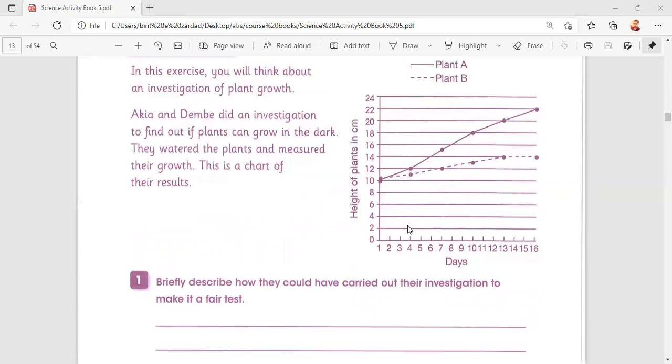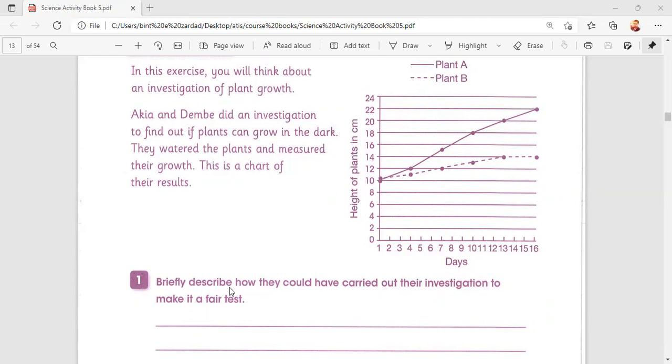On the horizontal line you can see the days, and on the vertical line you can see the height of the plants in centimeters. There are 16 days, more than 2 weeks, and the biggest height is 24 centimeters.